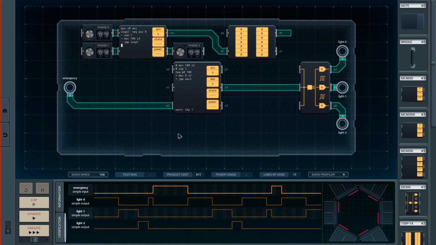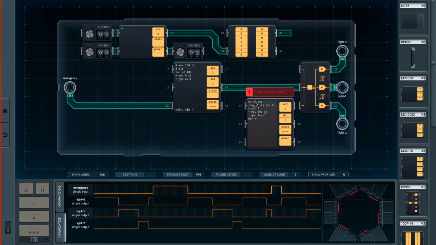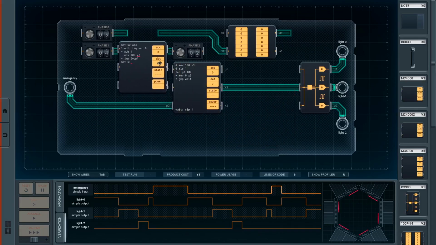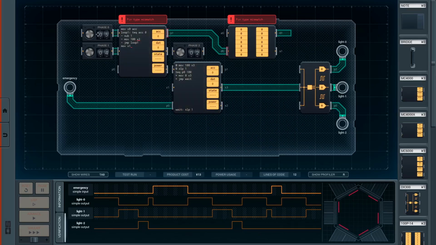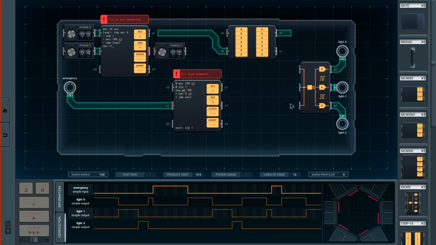Not enough instructions, so you might need to be a 6000. Would a 6000 have enough instructions? I think it wouldn't. Sure, that's fine.